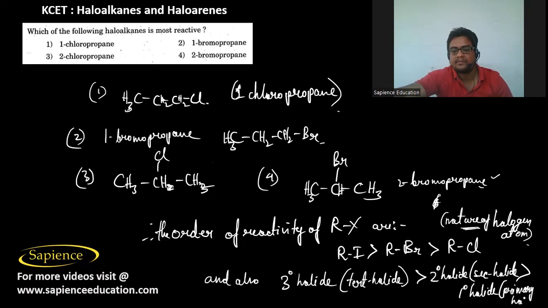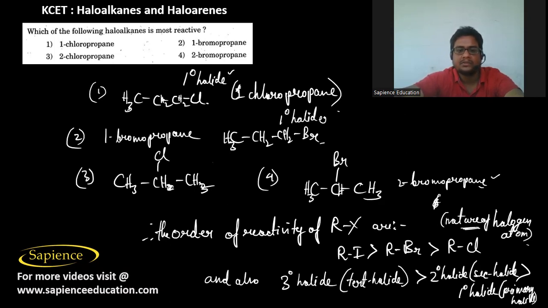Here, 1-chloropropane is a 1-degree halide, so it is less reactive, and it has chlorine also, so it is even less reactive. The second one is also a 1-degree halide, but since bromine is attached, it is more reactive than the first one.